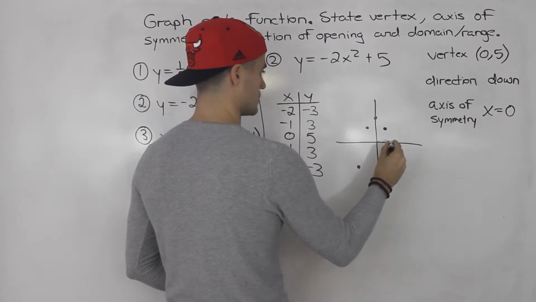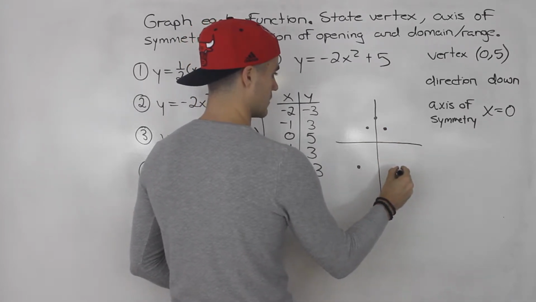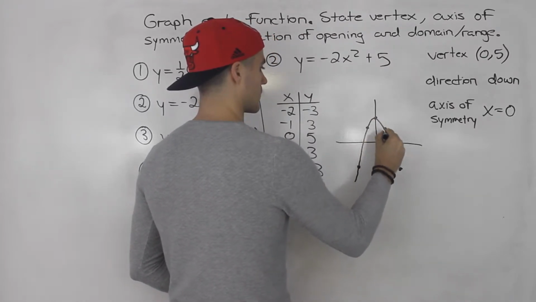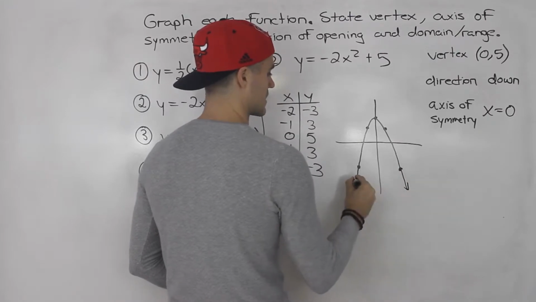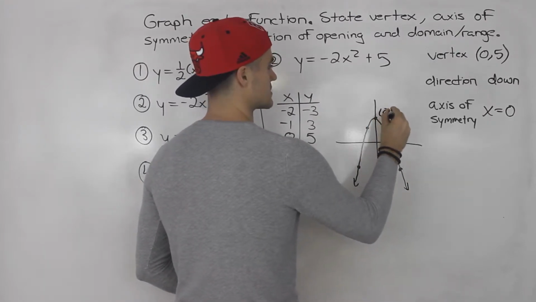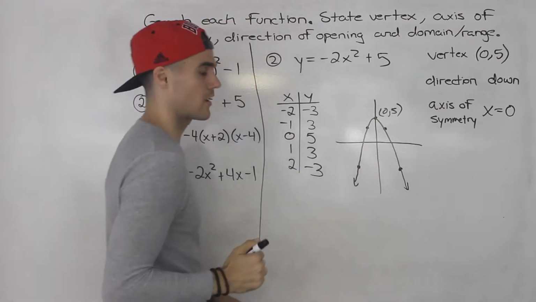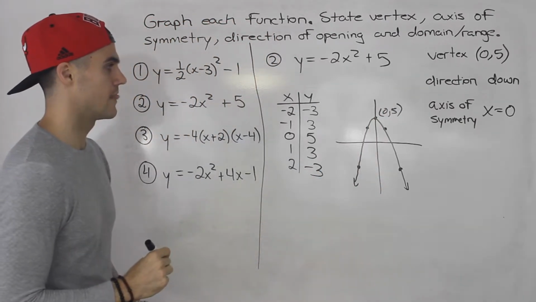And then 2 and -3, that's down here. So that's how the parabola looks when the vertex is at 0 and 5. Axis of symmetry is x is equal to 0. It's cutting the parabola right in half.